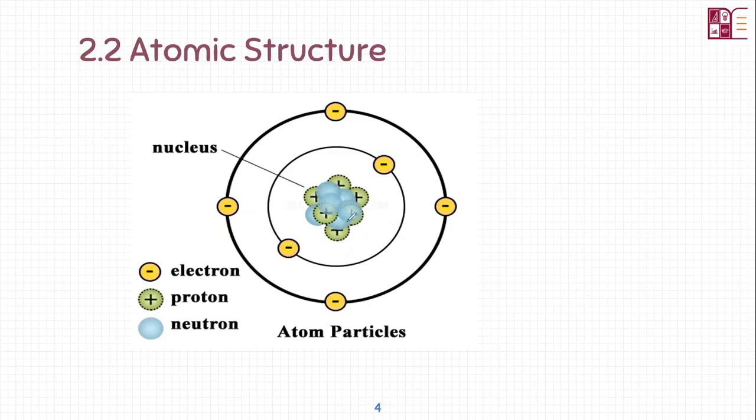The blue circles represent the neutrons. And the protons and the neutrons, as you can see, are inside the nucleus of an atom, whereas the atom has shells. These shells carry the electrons.